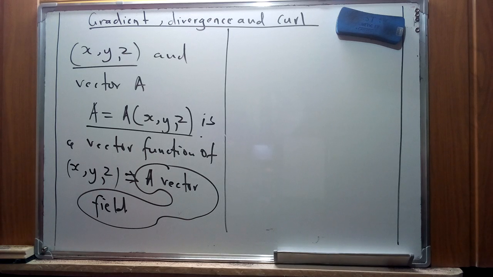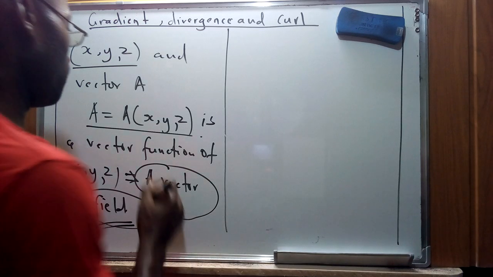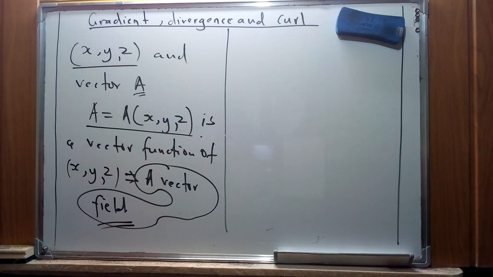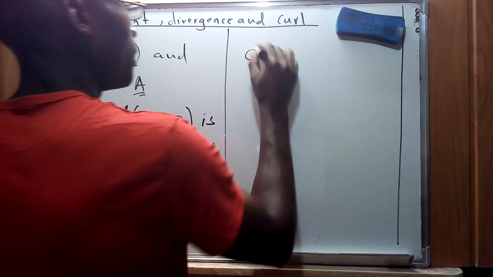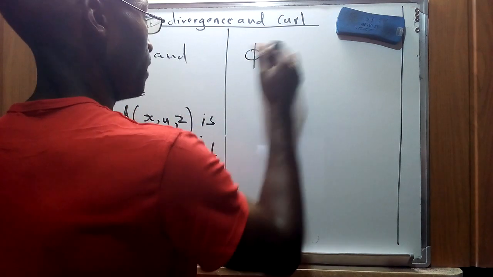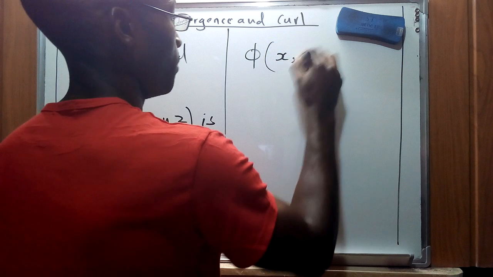Now, in this case, we are also going to consider a scalar representation of this particular function, using a different aspect from the vector A. Suppose we have another one that we can represent as phi, that has a relationship with the coordinate system x, y, z.